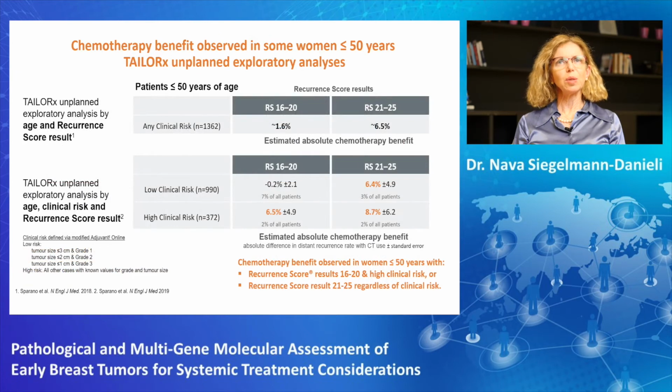And then they tried to look at the benefit related to the recurrence score and what they called clinical risk, which looks at the tumor size and the grade. And they saw that for most of the patients with recurrence score 16 to 20, the benefit was only 1.6%, but when the recurrence score was 21 to 25, the benefit seemed to be 6.5%.